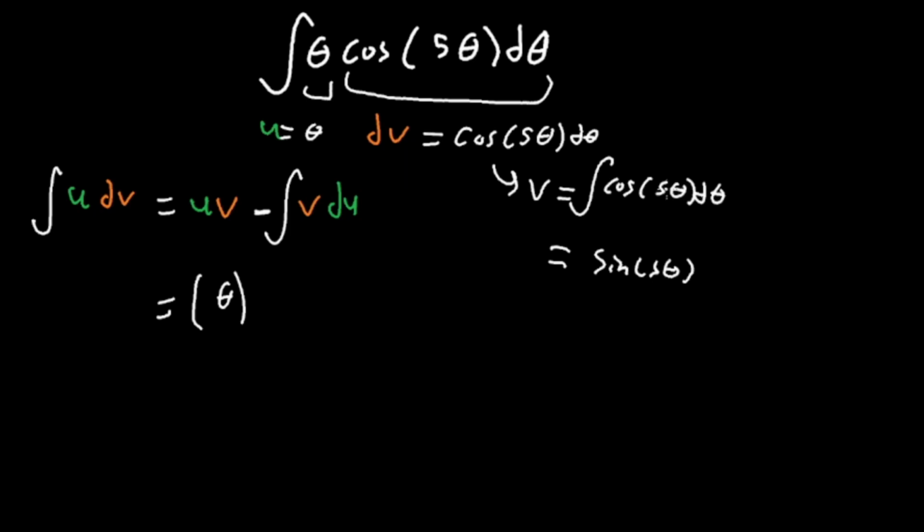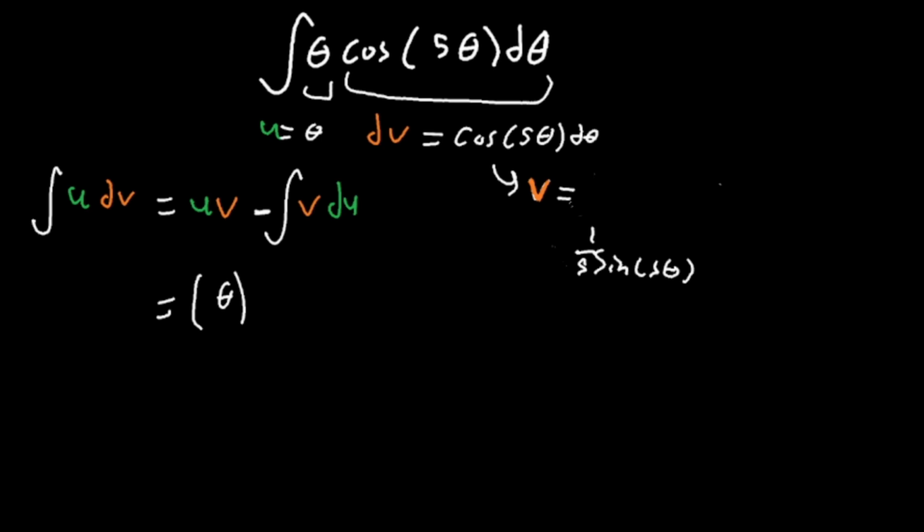But because we're multiplying by 5 on the inside, you do 1/5 on the outside. And we're not going to add a plus c, because when you're integrating to find your v, you don't need to add a plus c. Alright, so v is going to be 1/5 sine of 5 theta.